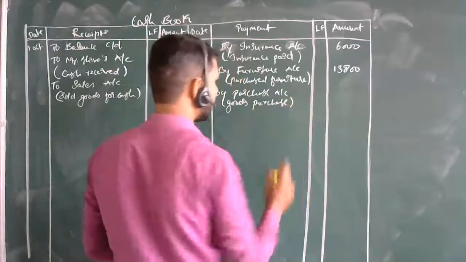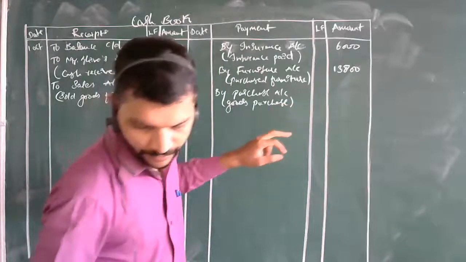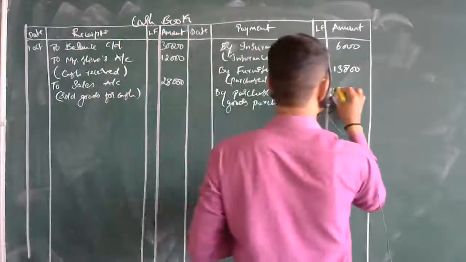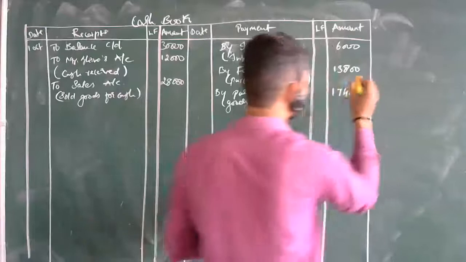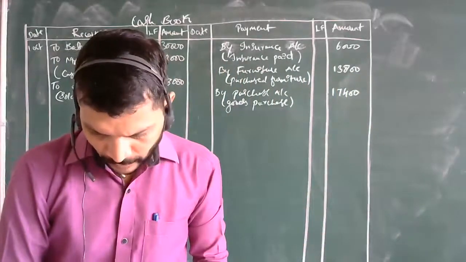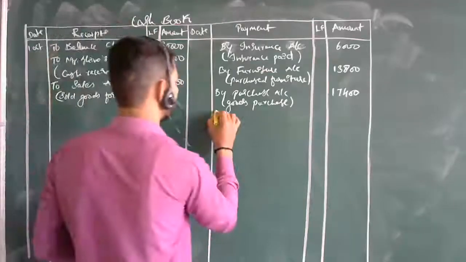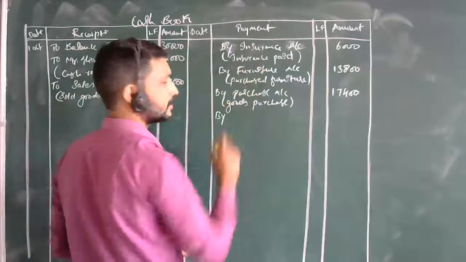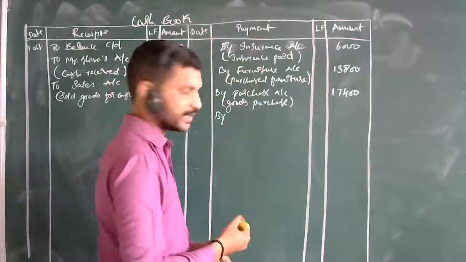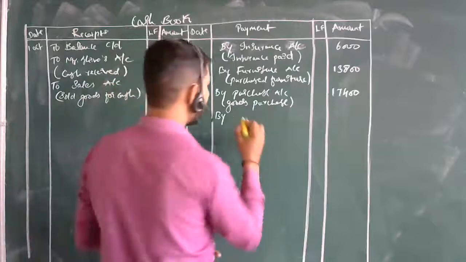Whatever transaction you have taken, you mention it here. The amount is 17,400. Okay. Then the next entry is purchase stationery. This is also on the payment side, as an expense purchased. What is it? Stationery. So by stationery account.